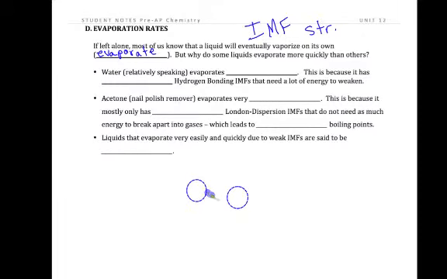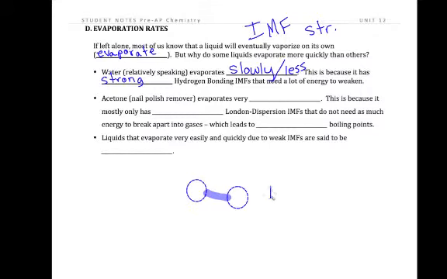So it's going to evaporate more slowly. Not only that, it's going to evaporate less at any given temperature. And that's because it has strong hydrogen bonding.